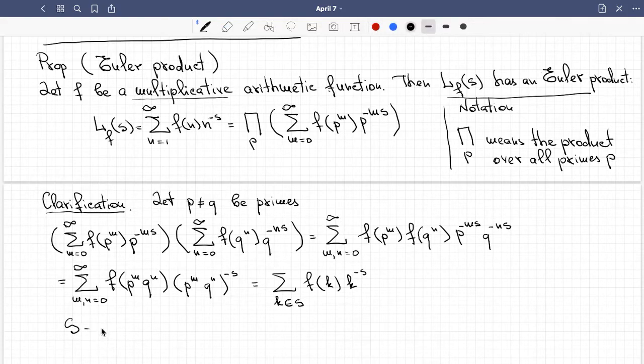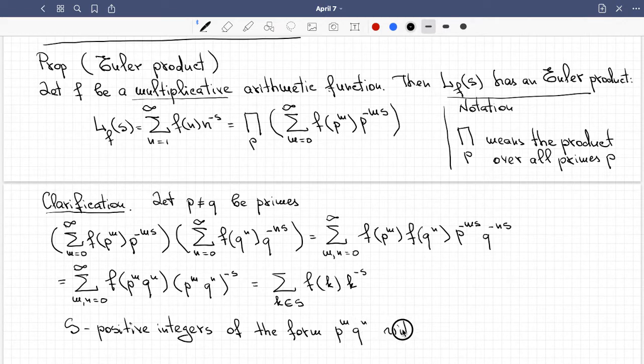S are positive integers of the form p to the m, q to the n, with m and n bigger or equal than 0.